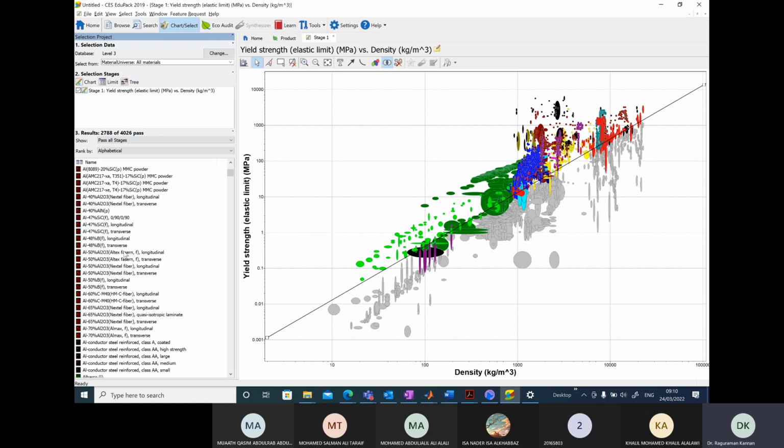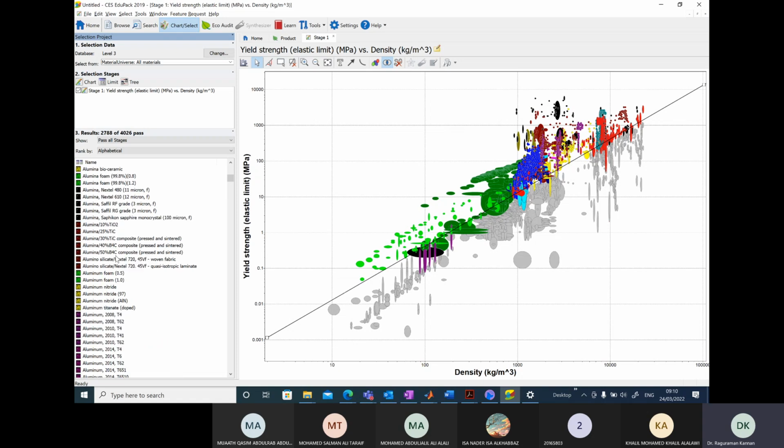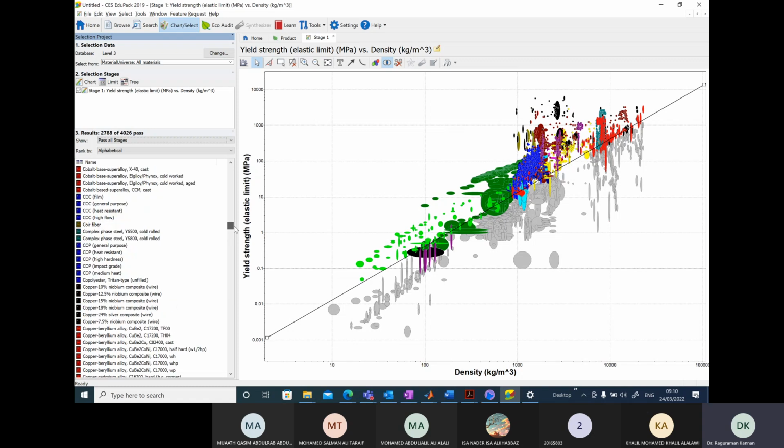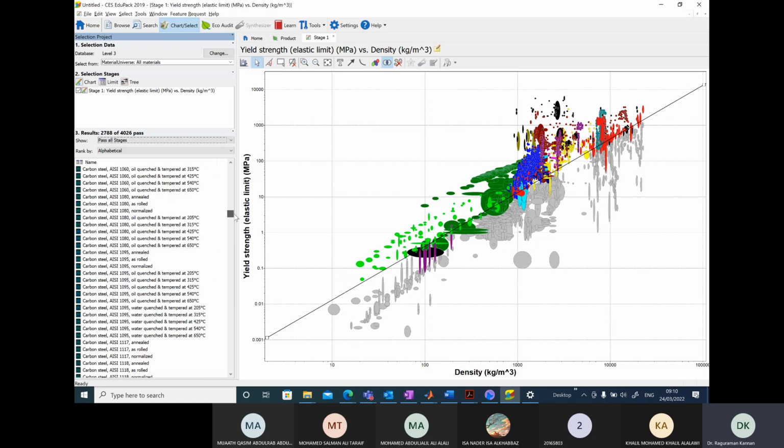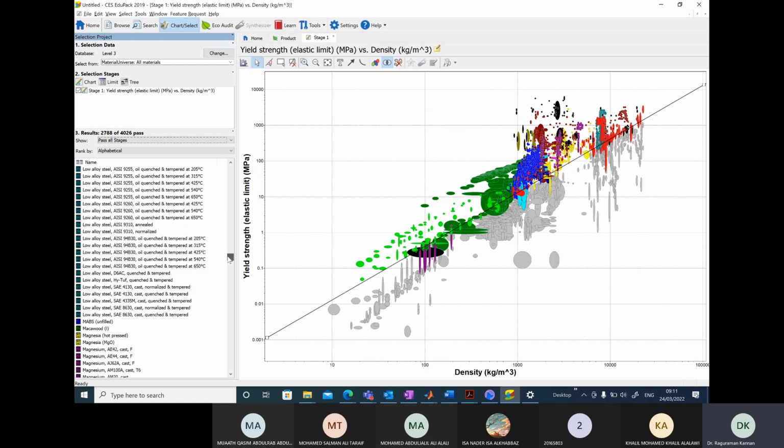Again, we have aluminum alloys, a whole list of aluminum alloys here. We have a huge list of materials. So these are all non-ferrous. Then we have carbon steel, again with AISI identification for each of the materials. Okay, you can see a whole list of materials given here.